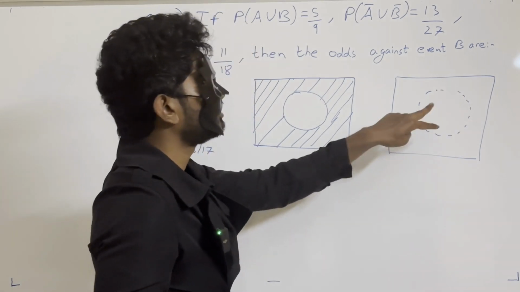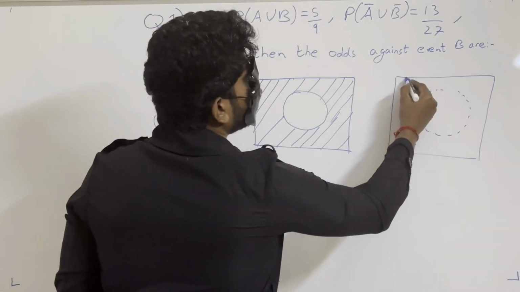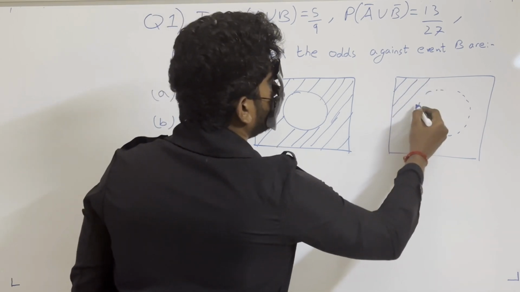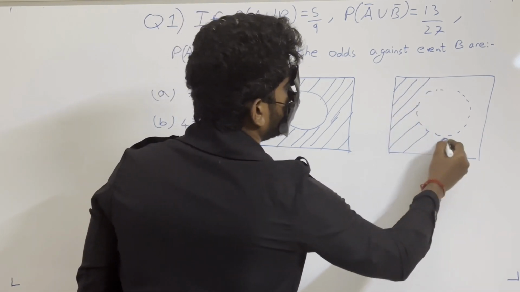This dotted line circle denotes P of B. What is P of B naught? P of B naught is everything other than that circle.